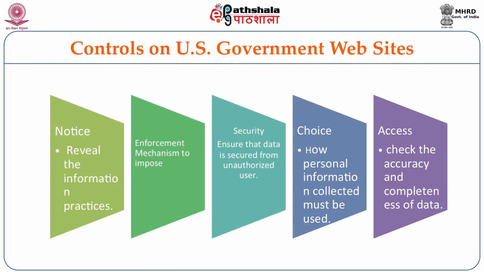The FTC determined that in order to obey the Privacy Act, government websites would have to address five privacy factors: notice, choice, access, security, and enforcement.